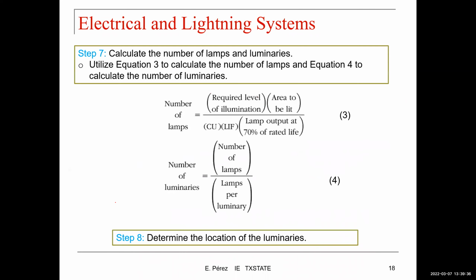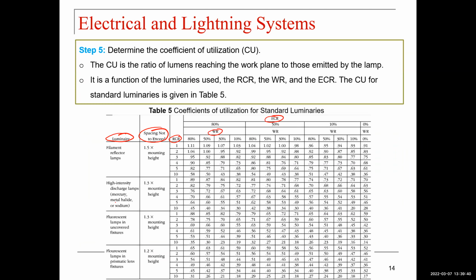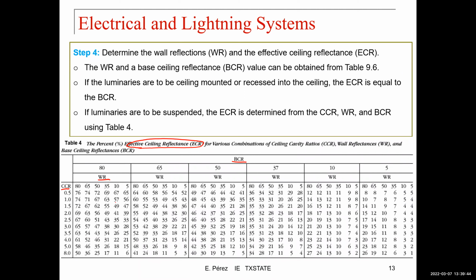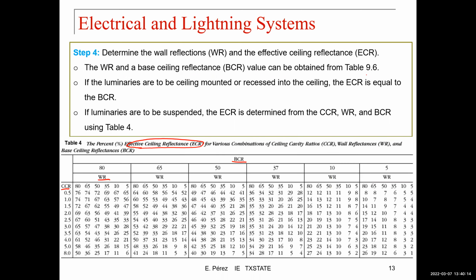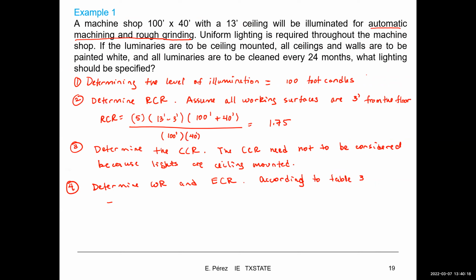So WR can be obtained from table 3. Both of them are 80%. So WR and BCR are 80%.